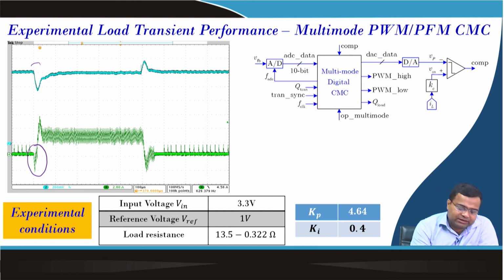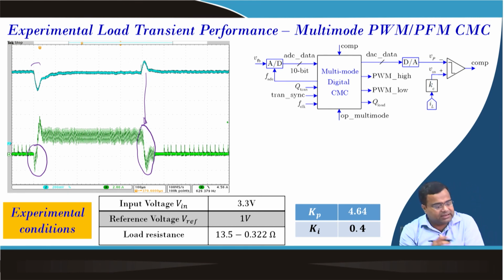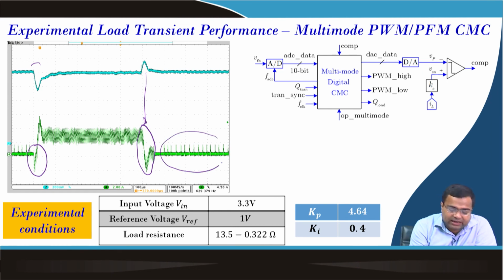Another thing, during step down transient we are enabling this PWM operation for a certain time, that is how we can improve the settling time, and we can retain the same settling time as PWM. And you can see during light load it is in adaptive PFM, peak current based.